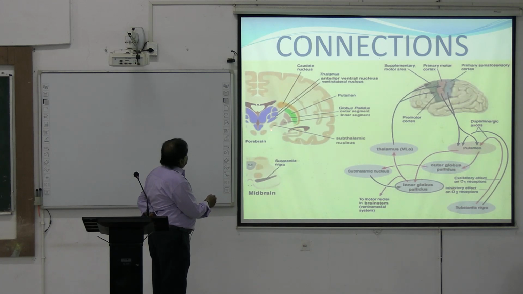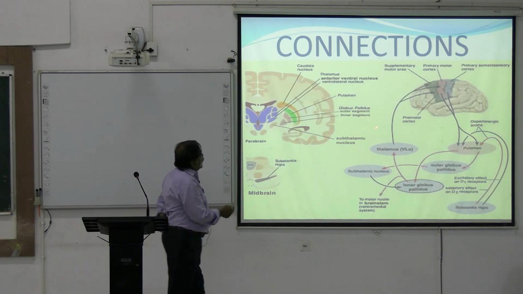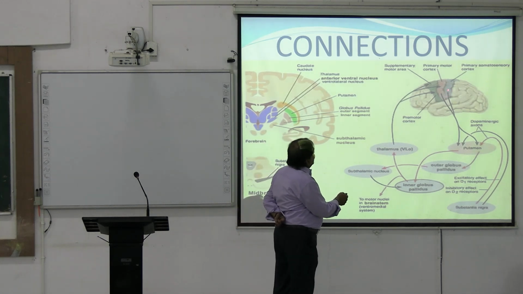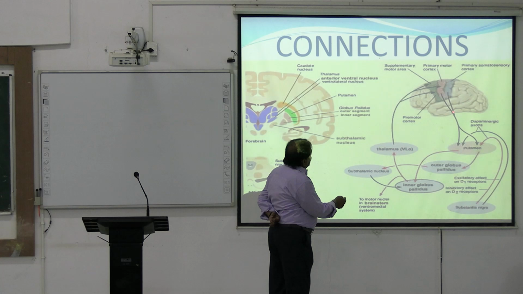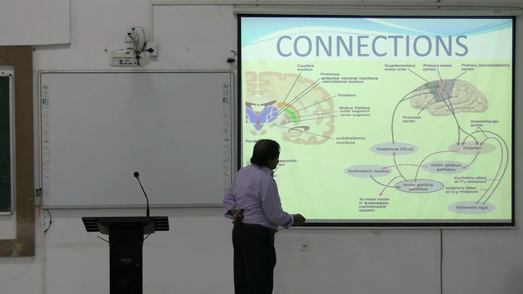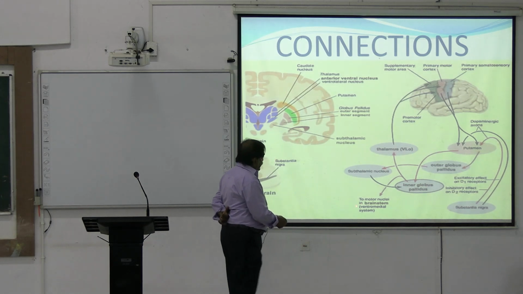Subthalamic nucleus, and here the supplementary motor area, primary motor cortex, primary somatosensory cortex. Here the signals go, the dopaminergic actions, and outer globus pallidus, the subthalamic nucleus, and inner globus pallidus, the motor nuclei in brain stem.